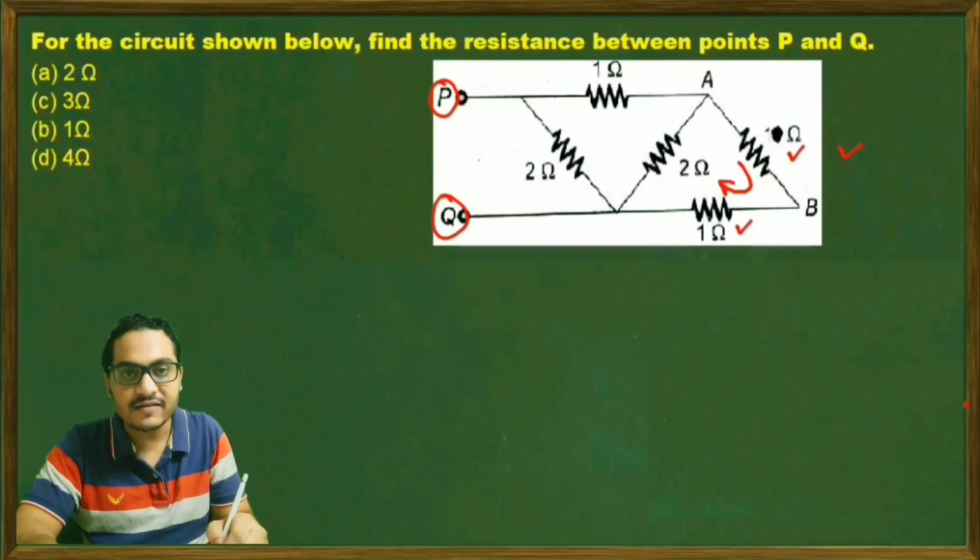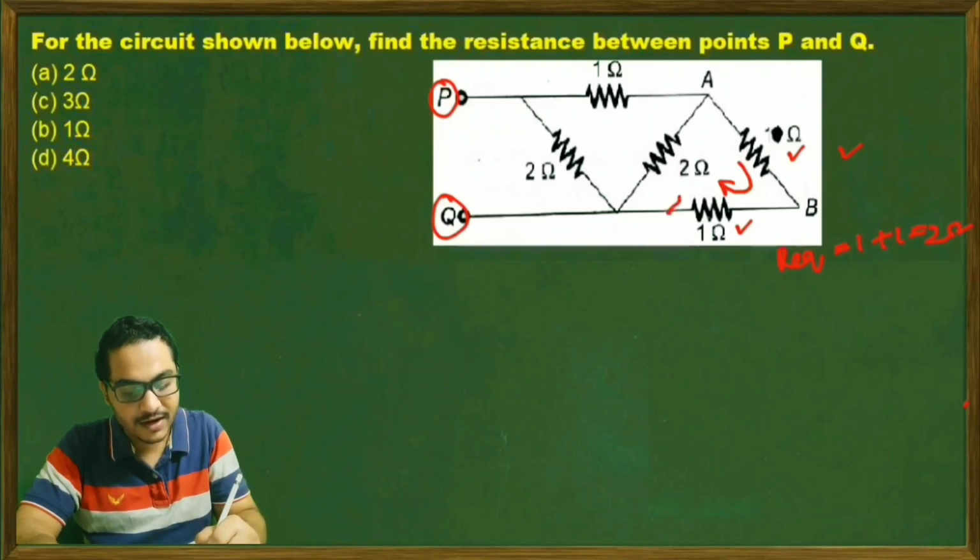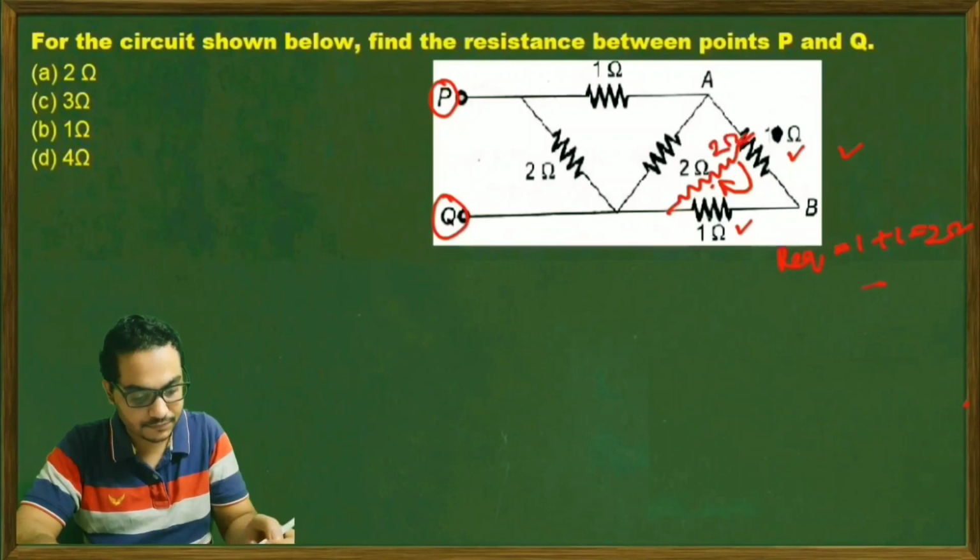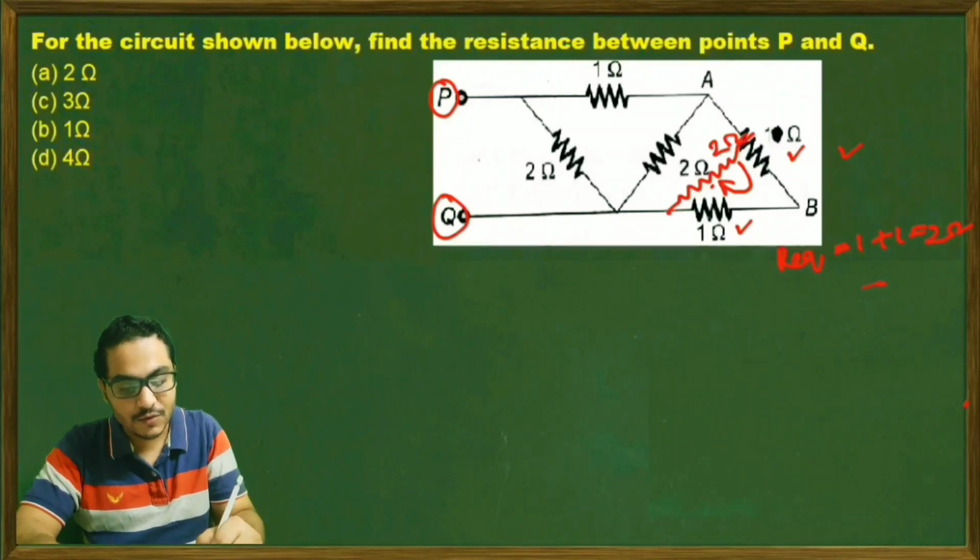Now in my first lecture I told you that when two resistances are connected in series, their equivalent resistance is simply the sum. So R equivalent will be 1 plus 1 equal to 2 ohm. Now their equivalent resistance can be represented by this resistance equal to 2 ohm. Now this 2 ohm resistance and the equivalent resistance that we just found are connected in parallel.